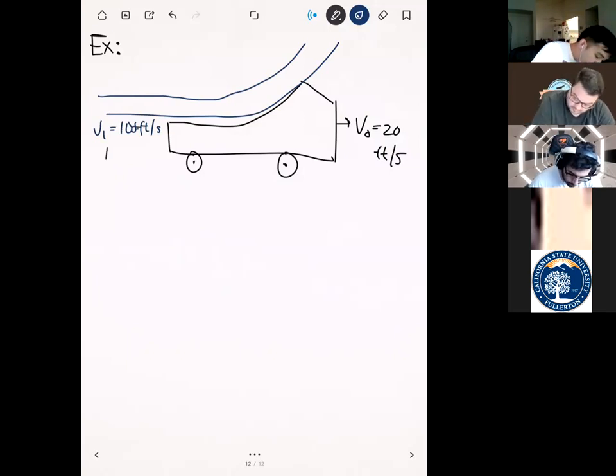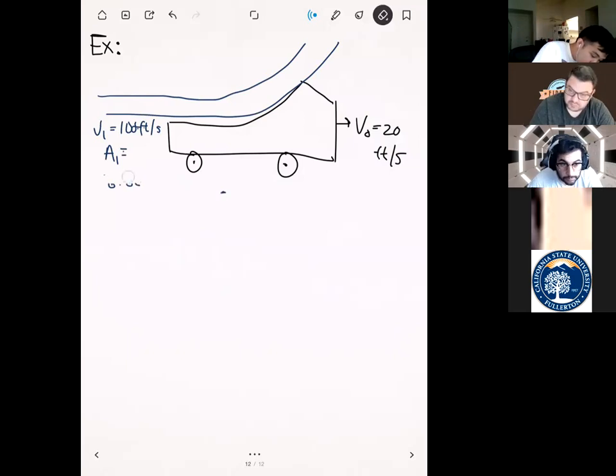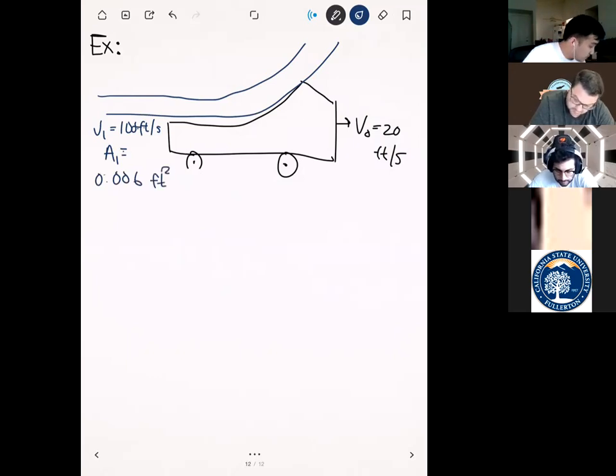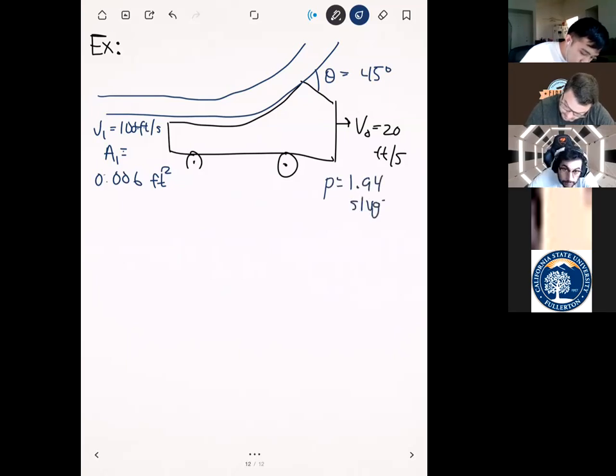We know that A1 is going to be 0.006 feet squared. We know the angle here is going to be 45 degrees. And the density is 1.94 slugs per feet cubed. Slugs is one of the units of mass in the English units.